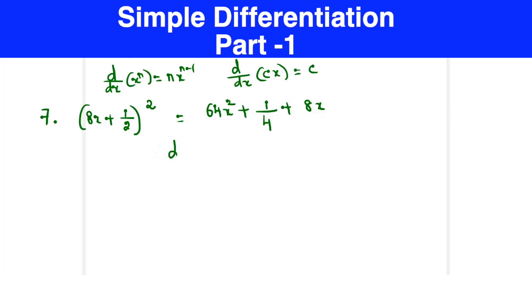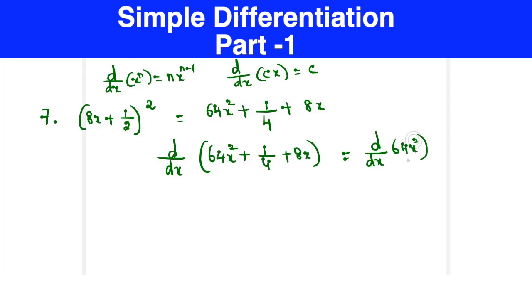Now let us differentiate this particular expression. So d by dx of 64x square plus 1 by 4 plus 8x. Now let's do the differentiation. So I'm going to split this term wise. So d by dx of 64x squared plus d by dx of 1 by 4 plus d by dx of 8x.